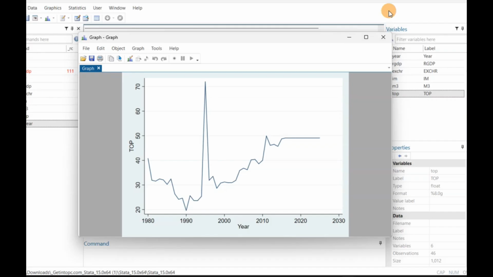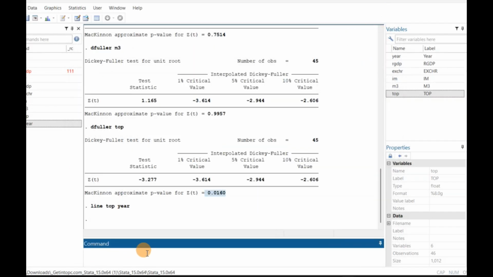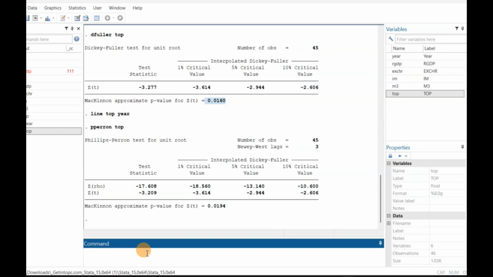I'm doubting, so let's look at the p value. 0.1. Okay, let us use Phillips-Perron. Same.